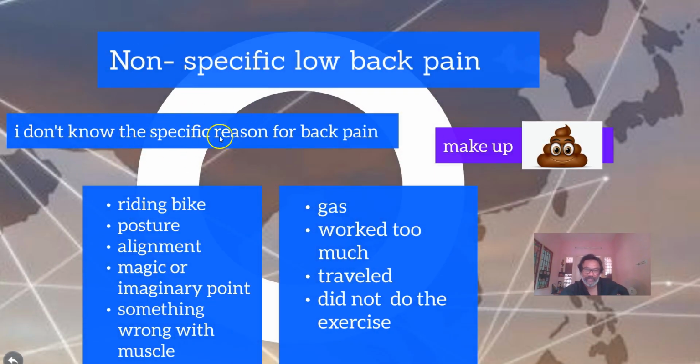We don't know the specific reason, right? We really don't know. When I tell this to the patient, they are surprised, like, "Oh, really?" And the common example I tell them is, "Do you know why you get a headache?" We don't, right? But we know that that's not going to kill us, so we have calmed ourselves and we don't catastrophize those things.